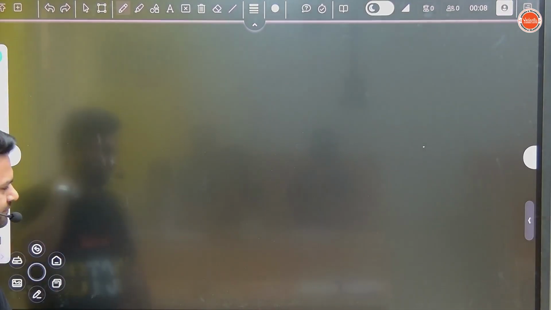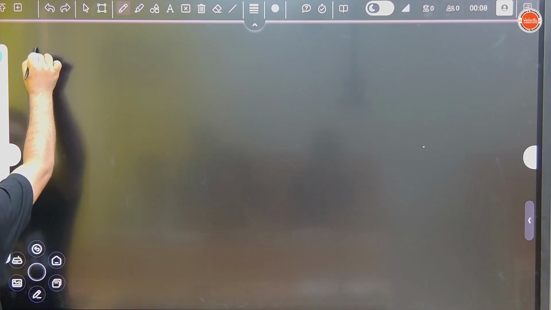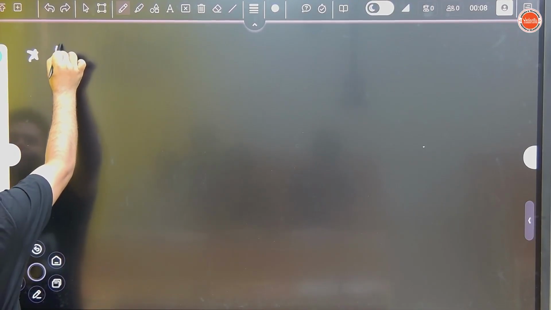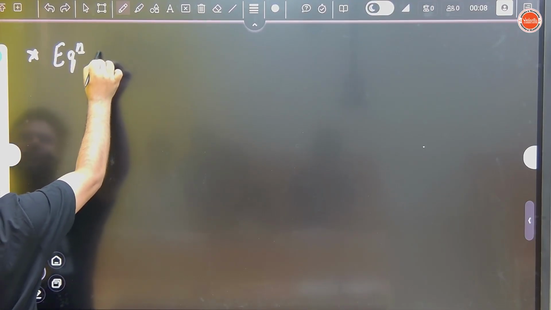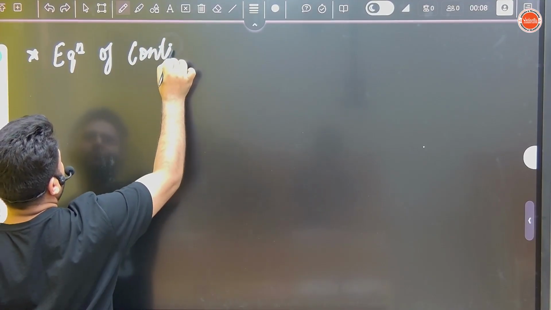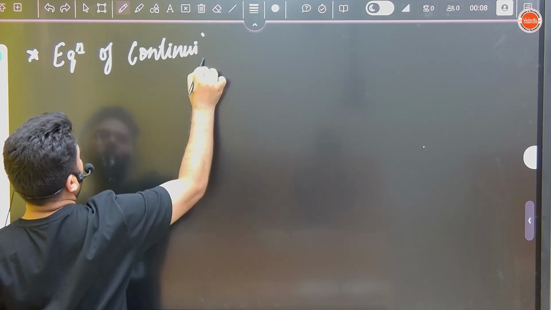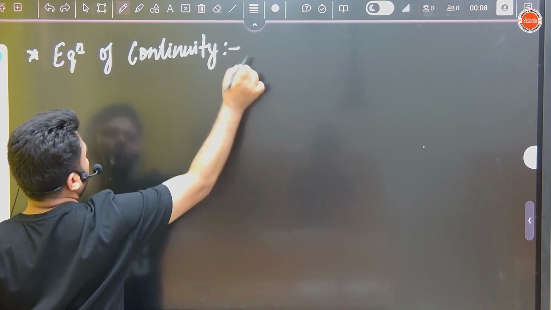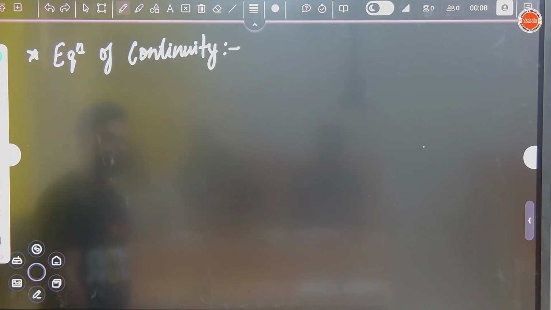See, then we have the equation of continuity. What is the equation of continuity?